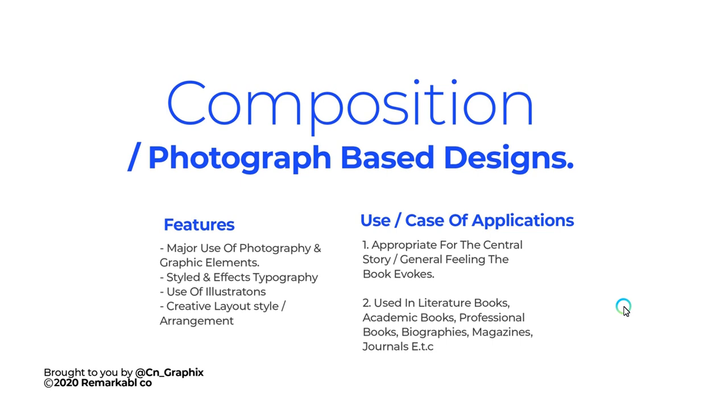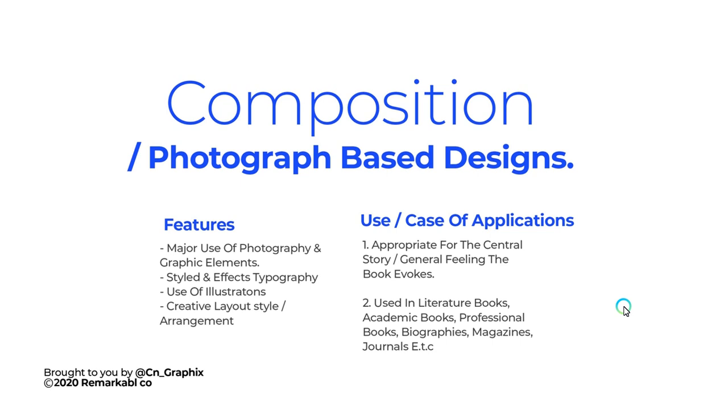In this category, we see a higher level of design skill slash thinking, where the designer combines photography and graphic elements and typography in a skillful or creative way to illustrate a picture that gives a sharp insight into what the book is about.